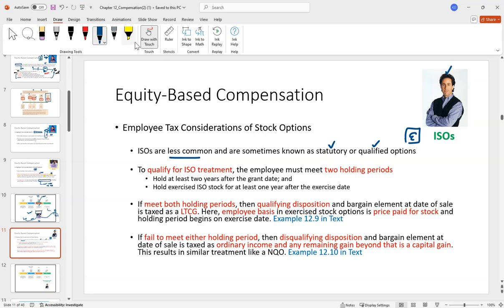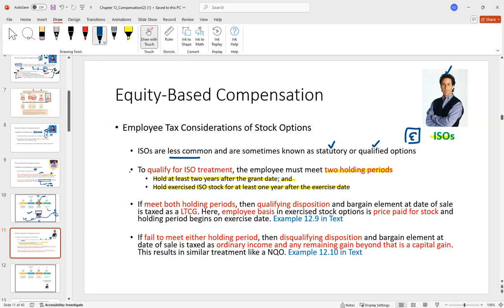In any event, if you want to have an ISO, you have to meet 2 holding periods. So it's an "and" for each of these. In other words, the employee must hold it for at least 2 years after the grant date, and they must hold the exercised ISO stock for at least 1 year after the exercise date. So they've got to hold it there for a certain time.